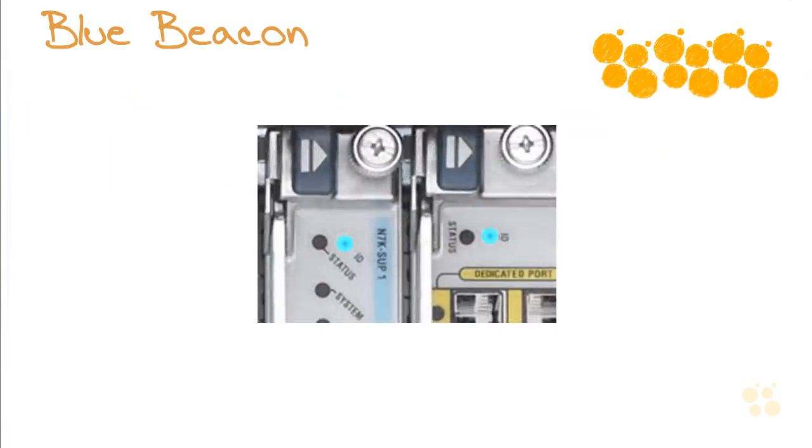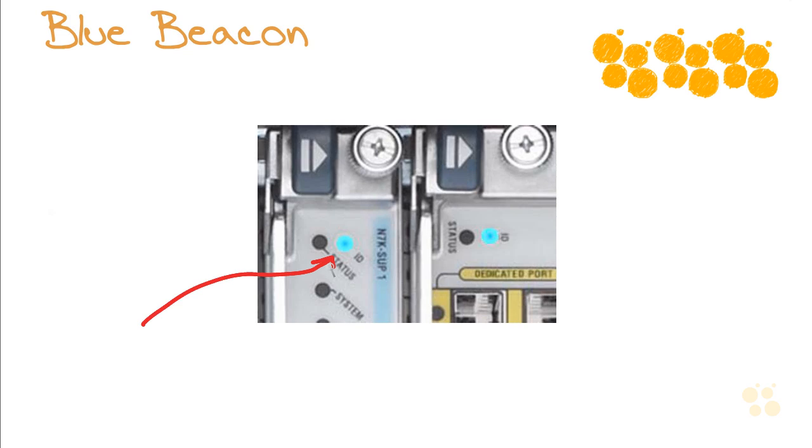Another really nice feature on a lot of the equipment these days is the blue beacon feature. Yeah, it's an LED. A single blue LED is available on the removable parts like the fan trays, power supplies, and modules, and you can make this thing blink. This tells the technician that's coming in behind you the exact component you want them to work with.